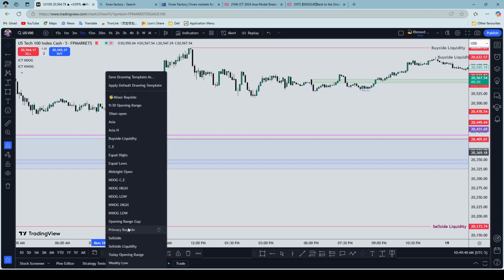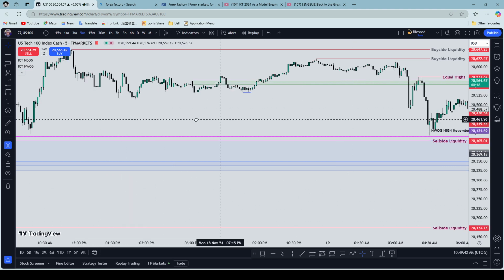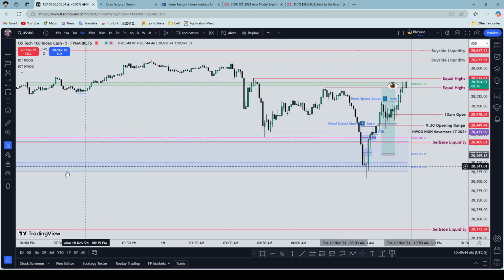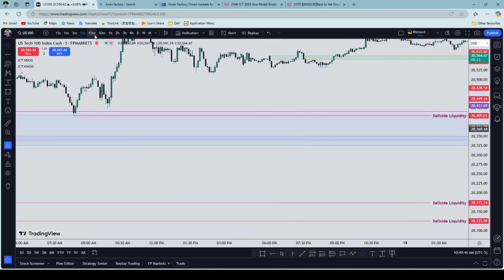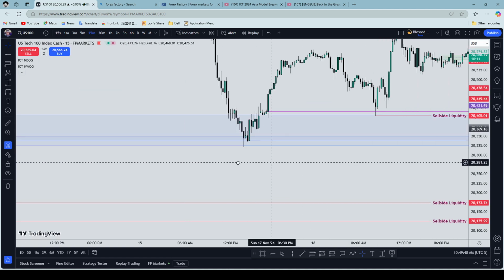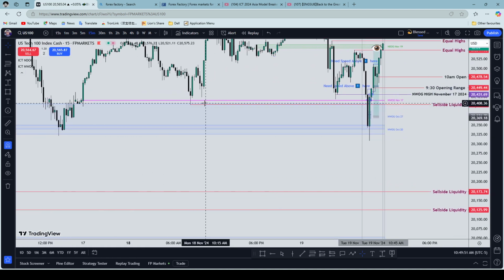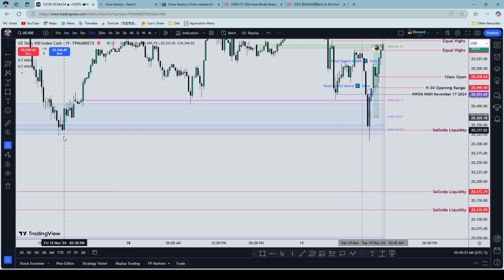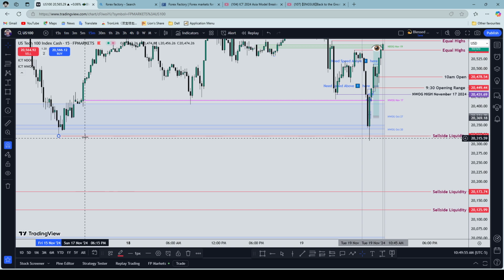Sell side liquidity got taken out there. Let's see, 15 minutes. Okay, yes, perfect. So this sell side liquidity here got swept, then a reversal started.